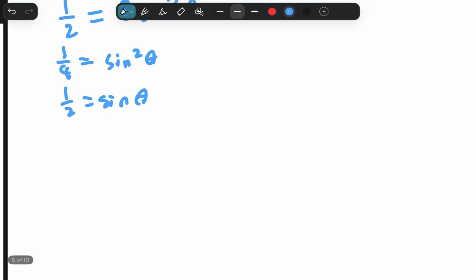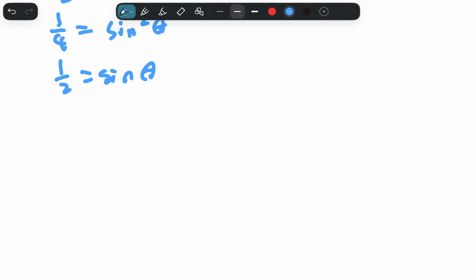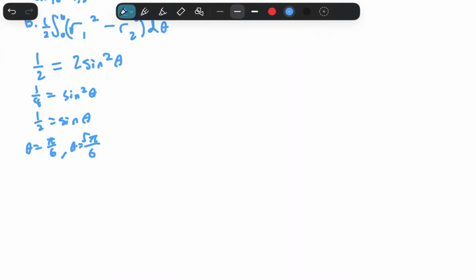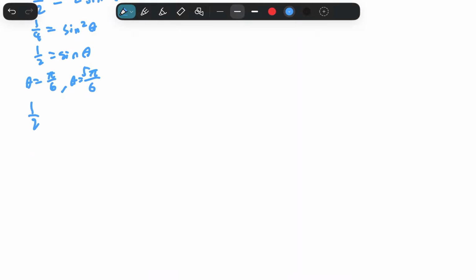And from the unit circle, we know that sine theta is equal to 1/2 when theta is equal to pi over 6 and theta is equal to 5 pi over 6. So now we have our two endpoints. So we can say 1/2 of the integral from pi over 6 to 5 pi over 6.